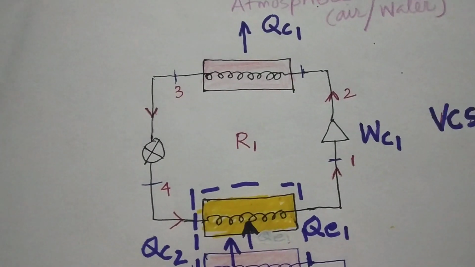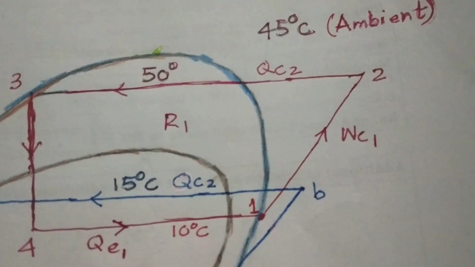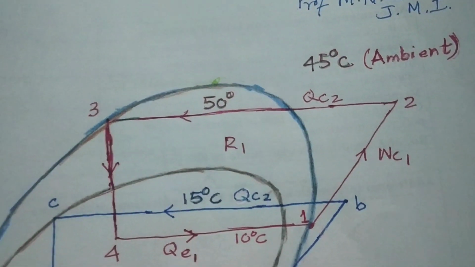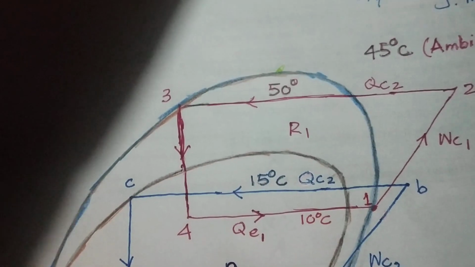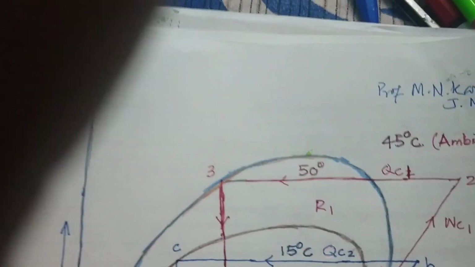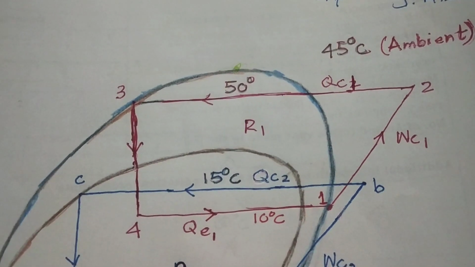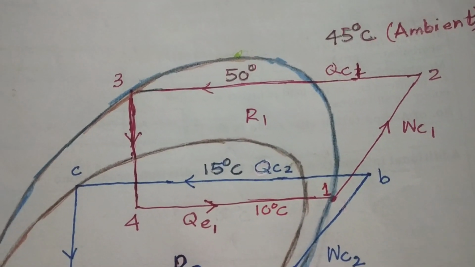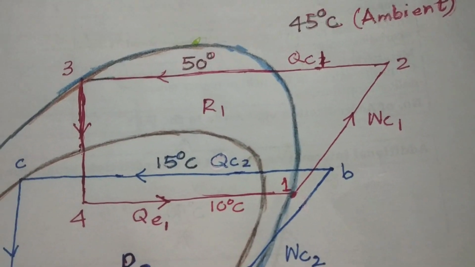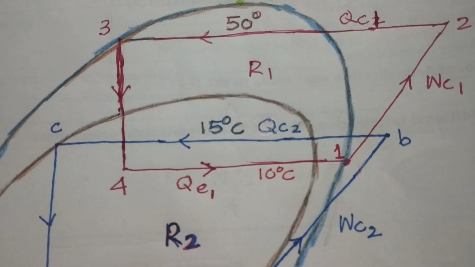WC1 here, and QC1 and QE1 are represented here. So QC1 is the amount of heat rejected by vapor compression system 1, and WC1 is the amount of work done by vapor compression system 1. Similarly, QE1 is the amount of heat absorbed by vapor compression system 1.